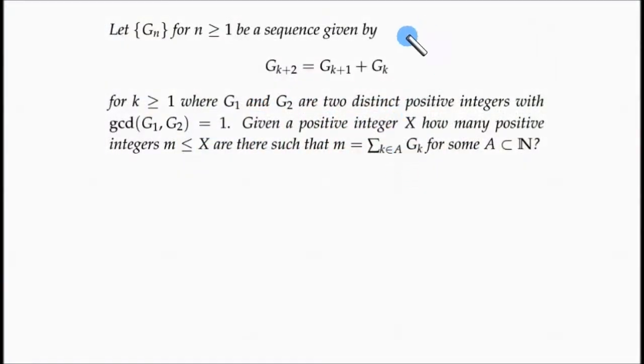So here's a statement, the same linear recurrence of the Fibonacci sequence and potentially different initial values, and just to simplify the problem, I required the GCD of these two numbers to be 1. So given a positive integer x, how many integers up to x are written as the sum of distinct terms of this new sequence?